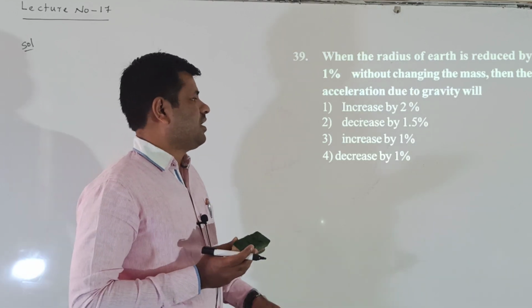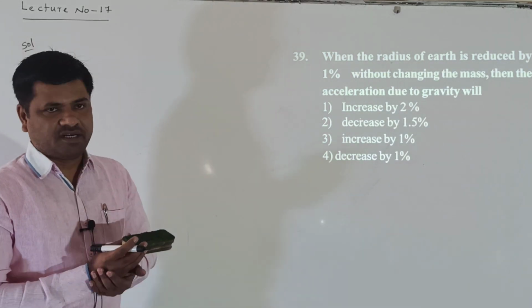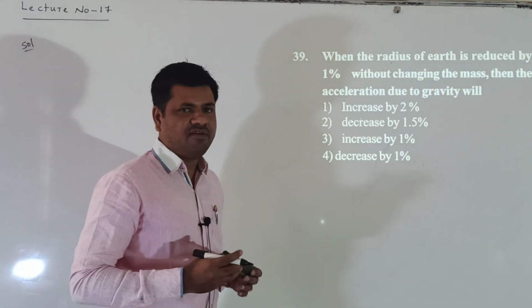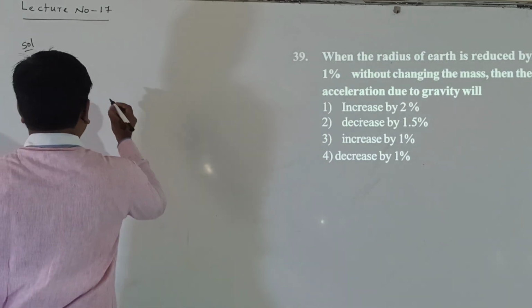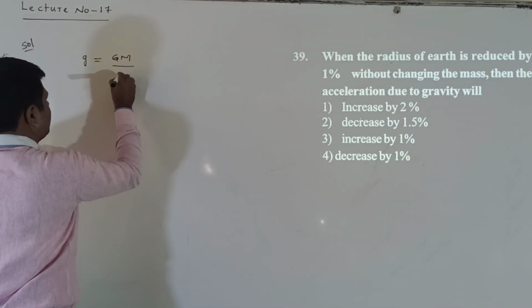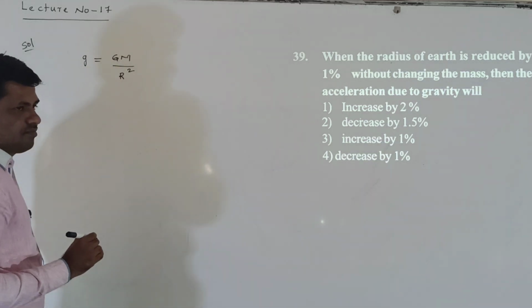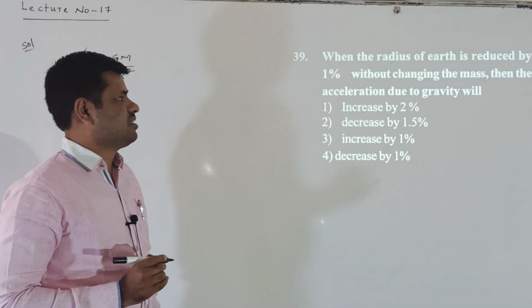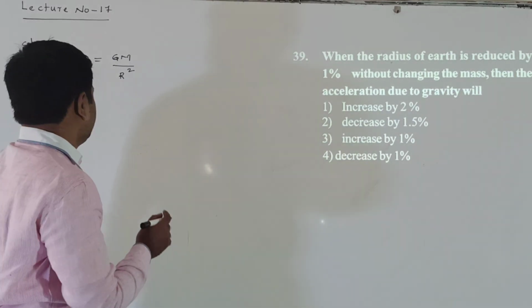So when the radius of earth is reduced by 1% without changing the mass, then the acceleration due to gravity will be. Now g equal to what is the formula? g = GM by R square. That is the acceleration due to gravity formula. Capital G is called the universal gravitational constant, and that is a constant.